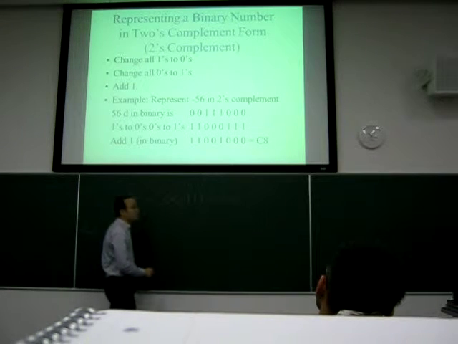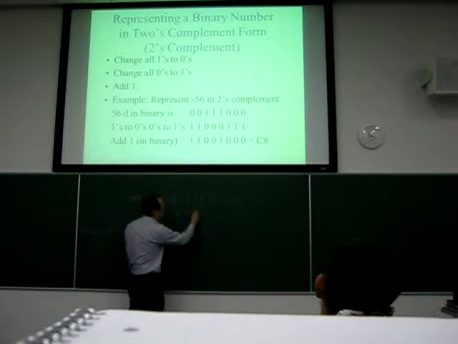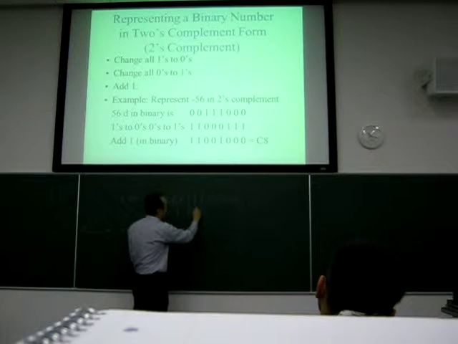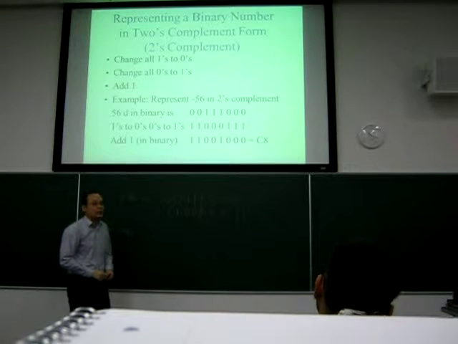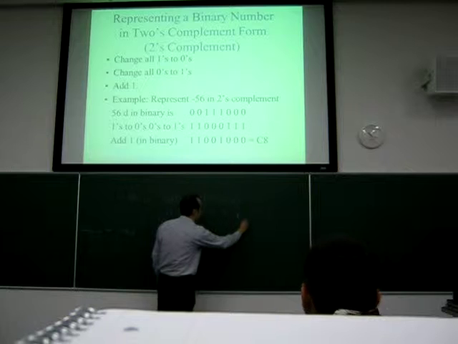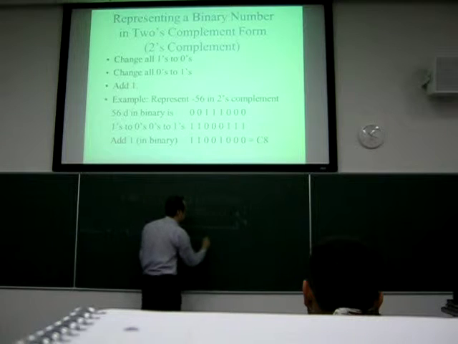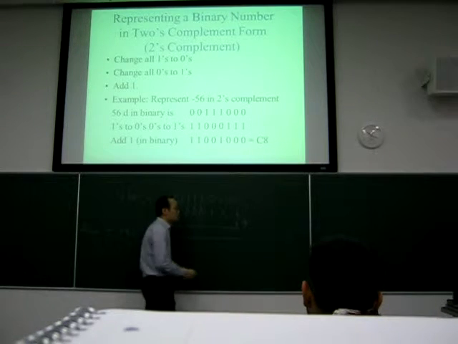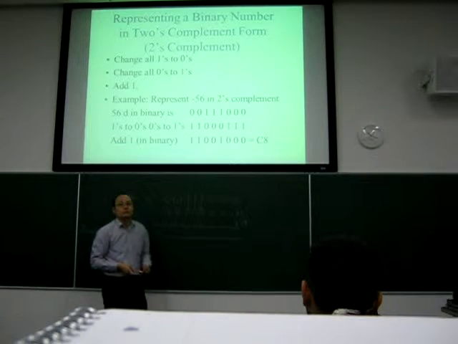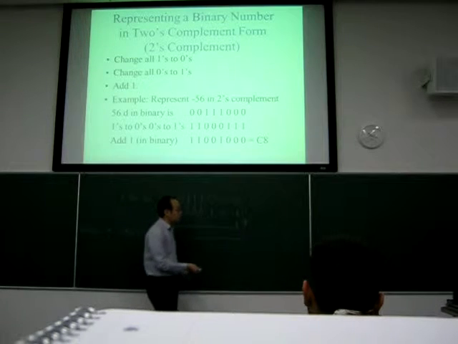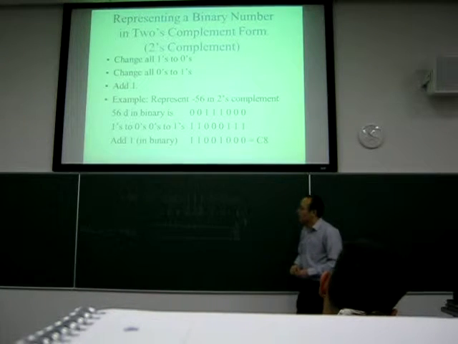The first thing I do is I flip all the zeros to 1, so which means this becomes this, and then I add 1 to it. So 1 plus 1 is 0, carry 1. 1 plus 1 is 0, carry 1. 1 plus 1 is 0 again.